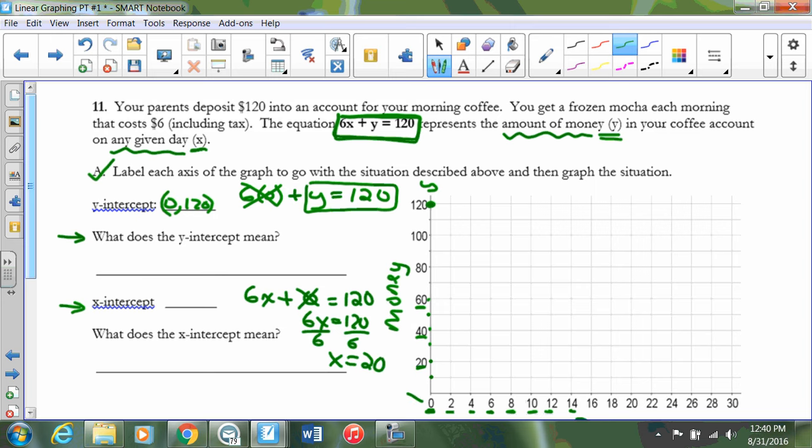That means go to the x-axis, find the 20, put a dot, and let's see if we connect these two, the y-intercept and the x-intercept. Not a bad line. It's interesting. So it's decreasing. It's going down as the days are moving forward. The money's going down. So let's go back and talk about what the y-intercept means.